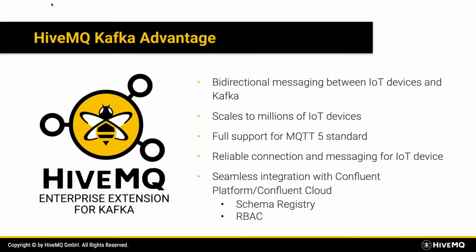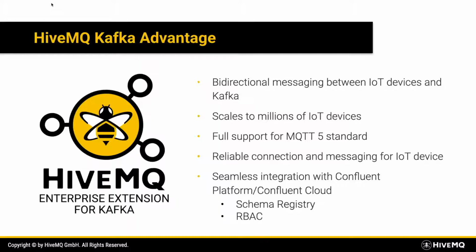Now, if you're looking at the HiveMQ Enterprise Extension for Kafka, which is the full official name, we have bidirectional messaging between IoT devices and Kafka. It is really built to scale for up to millions of IoT devices and hundreds of thousands of messages per second throughput.